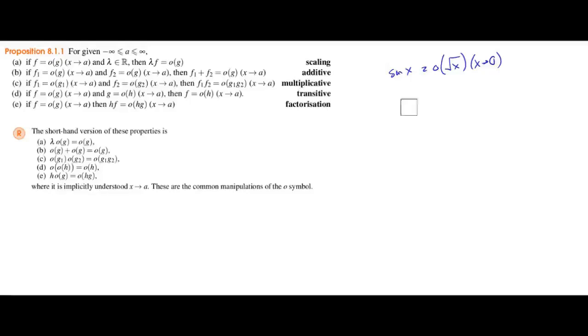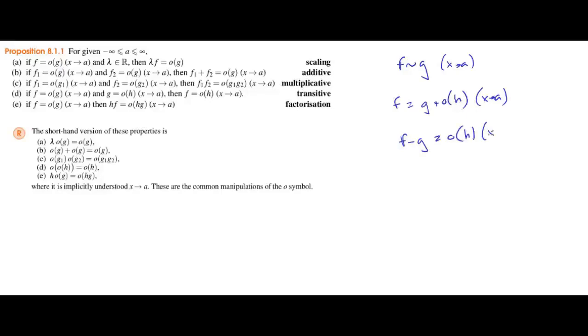So if two functions f and g are asymptotically equivalent, as we have been saying before, then how to formalize this using small o is that we can say that f is equal to g plus small o of h when x goes to a, or in other words, that f minus g is small o of h when x goes to a, right?